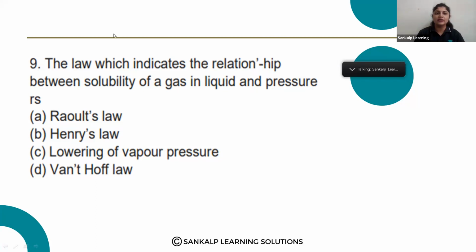So mass, indicated by small m, is directly proportional to pressure. When you remove the proportionality sign, you have to introduce a constant, which is called Henry's constant, into P. So B is the correct answer. According to this law, the relationship between the solubility of a gas in a liquid and pressure is Henry's law.